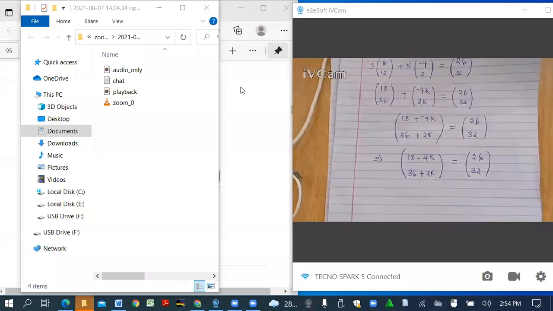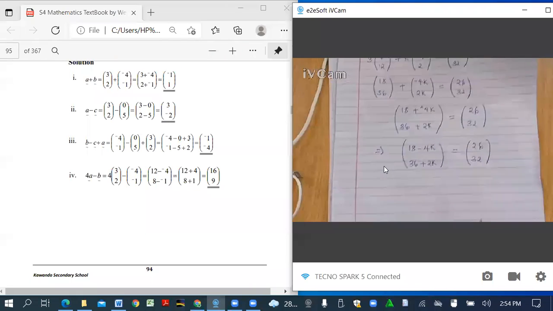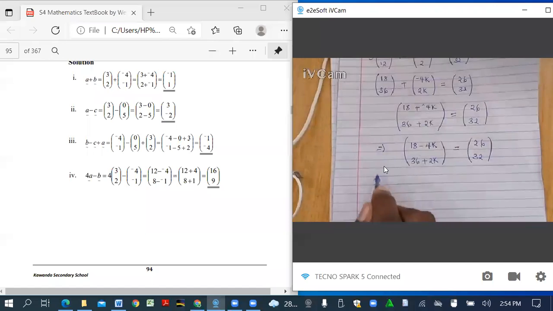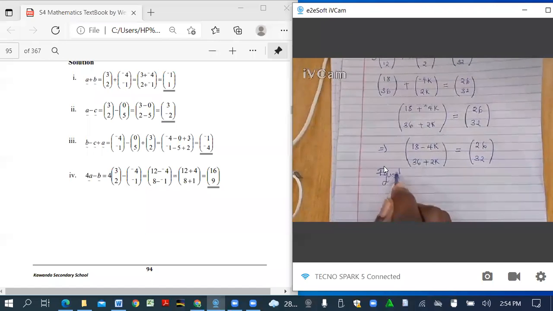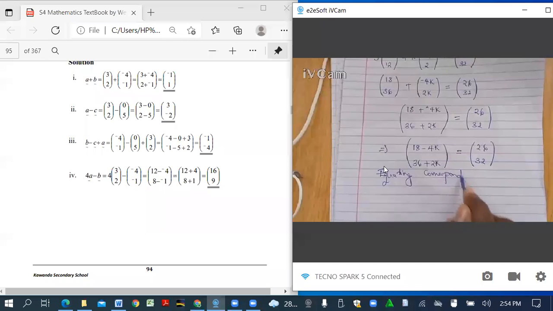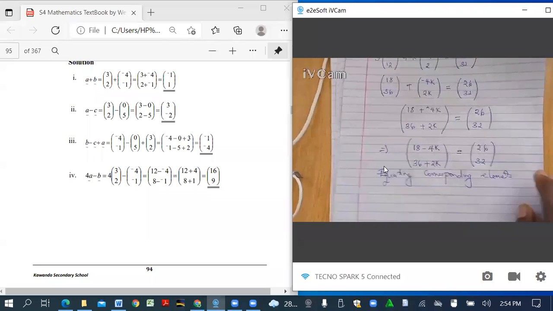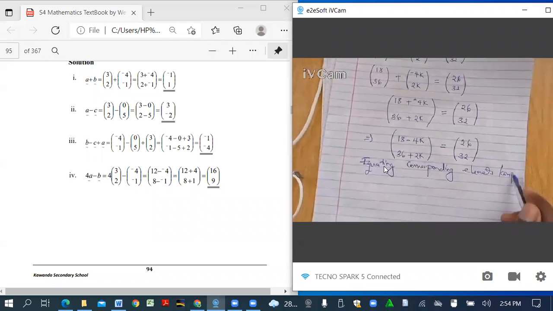Do we stop there, members? No. What do we do? We want to find K. So we equate the corresponding elements or components.